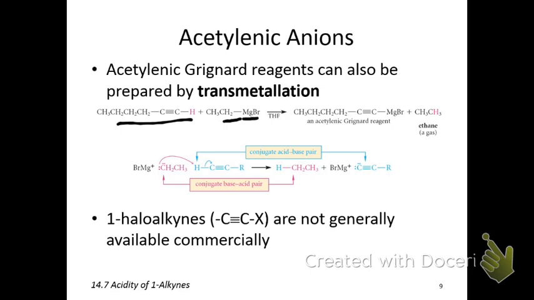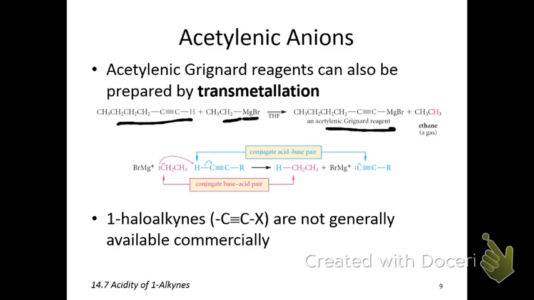That, too, is an acid-base reaction, and since the pKa of ethane is about 55 or so, and the pKa of the terminal alkyne is 25, the reaction moves forward quite readily to generate an acetylenic Grignard reagent. And then we can use that further.